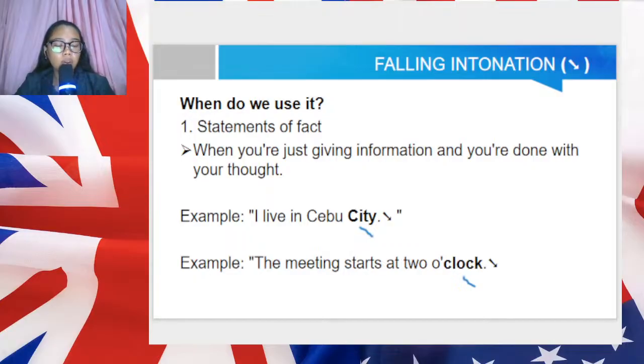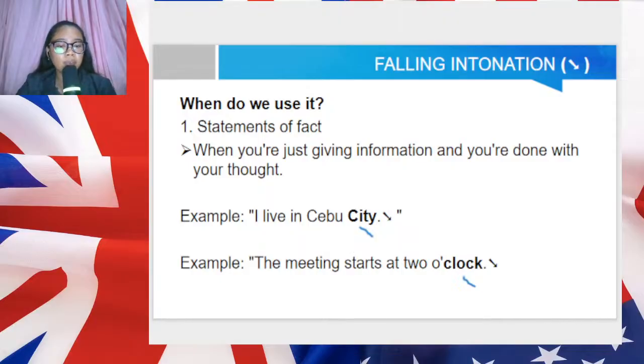They're providing precise details. The falling intonation on o'clock communicates this definitive and final nature. It conveys reliability, and it ensures that the listener understands that this is confirmed information.